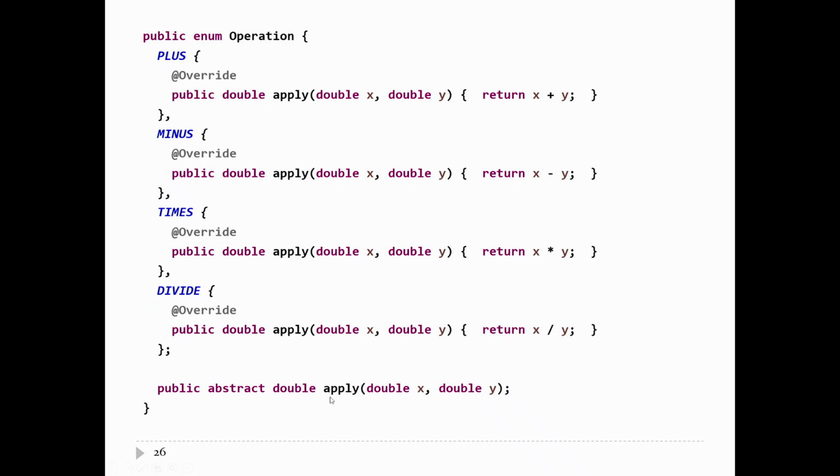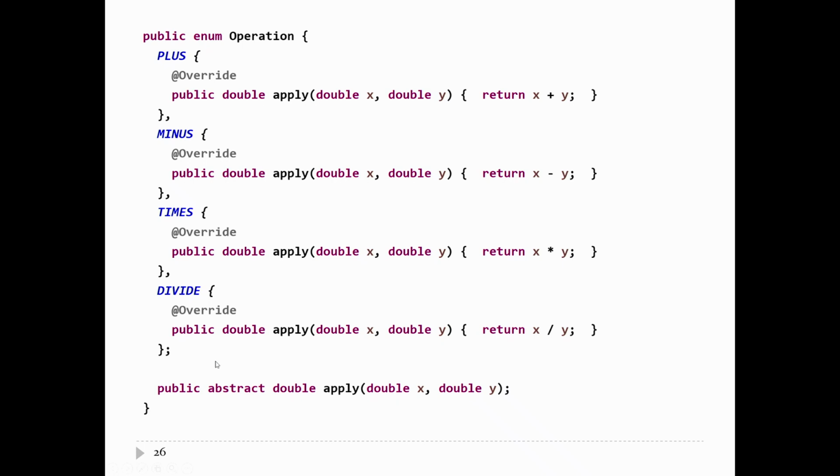Down here, you write a line that says public abstract. The name of the method is apply, and it takes in two double values, x and y, and returns a corresponding double value. This method takes x and y and applies one of the four operations: x plus y, x minus y, x multiplied by y, and x divided by y.